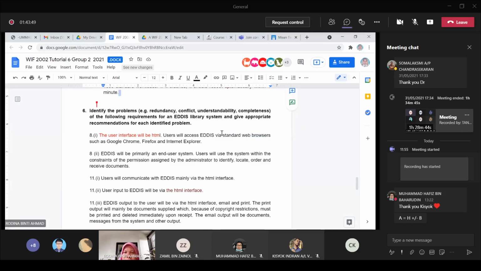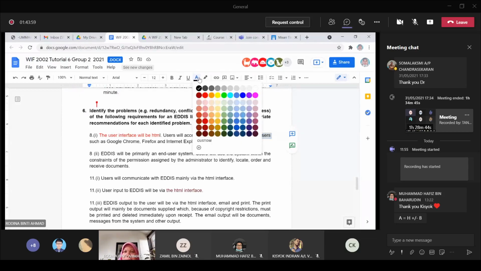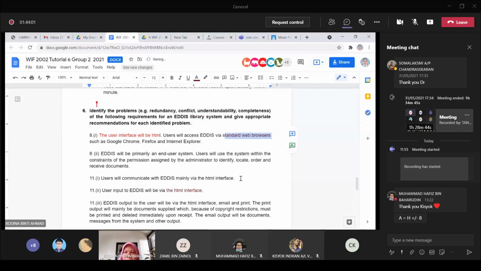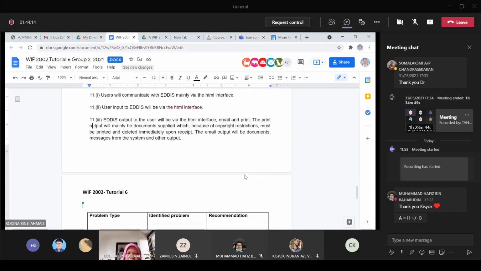Whether the users can access through the browser, or both browser and HTML at the same time, then you resolve the conflict. Or you can say just one of them: the user can only access through the standard web browser. Yes, that one is internally conflicting.